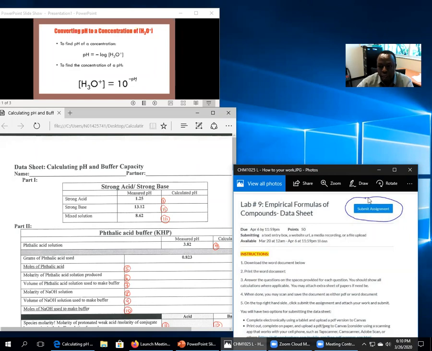You will see a submit assignment tab on any work, be it a data sheet or post-lab. This is where you will submit your work. You don't have to print out the work. If it is in one document, for example a pre-lab that doesn't involve calculation, you can just type in there.